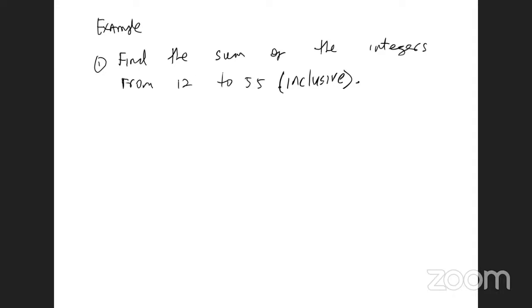So you do the first term and you do the last term. There's a problem there. You don't know something. How are we going to find that out? Use the right formula.